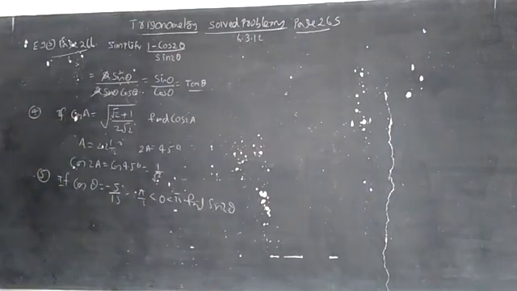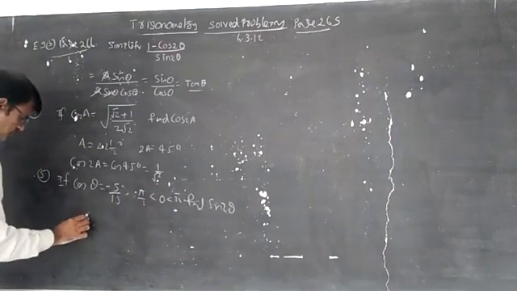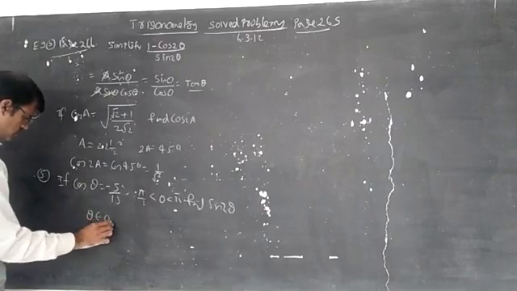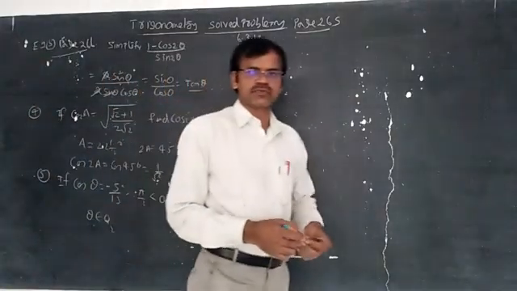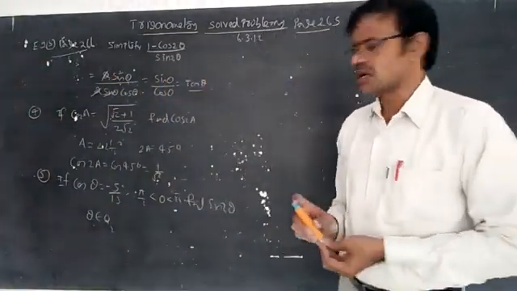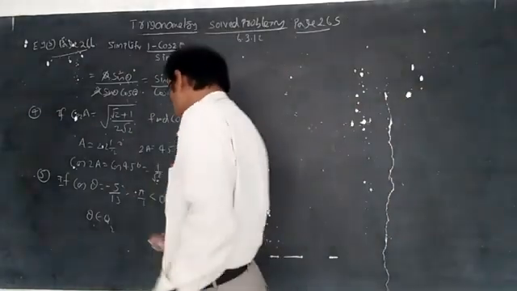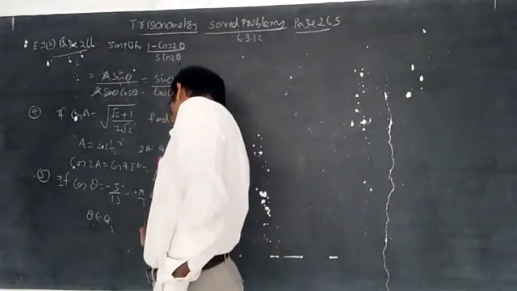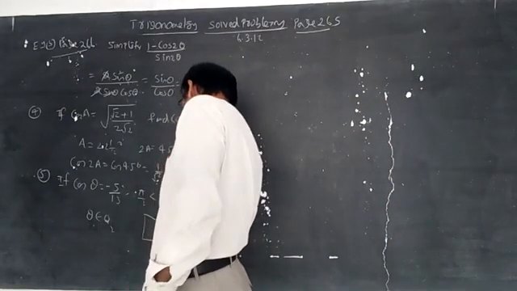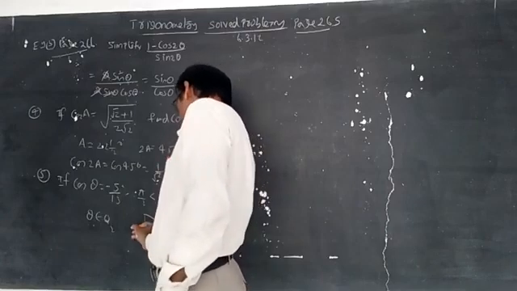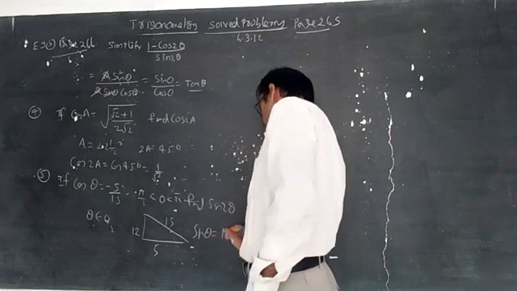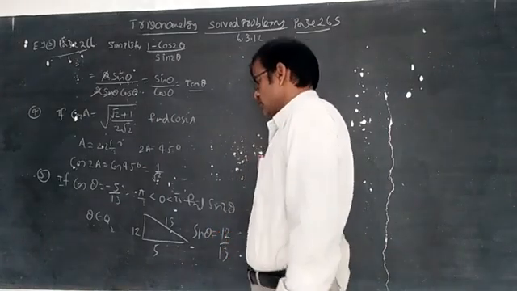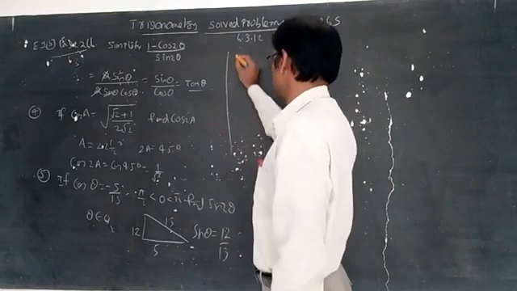That means theta belongs to Q2, because pi by 2 means 90, the value of theta lies between 90 and 180. We can understand that theta belongs to Q2. Now cos theta is equal to minus 5 by 13. Cos means adjacent side, this is hypotenuse, the other side becomes 12. Now you can write sin theta: sin theta is equal to 12 by 13. Because it is in Q2, sin theta is positive.